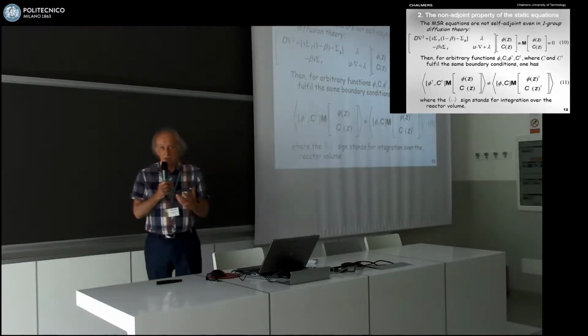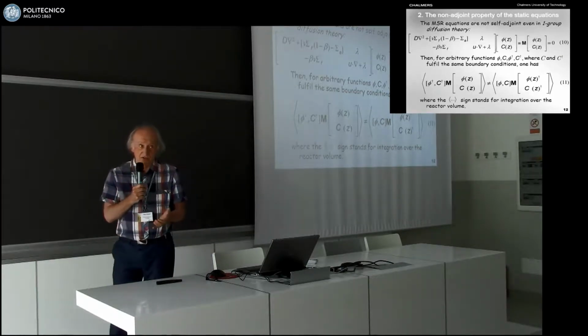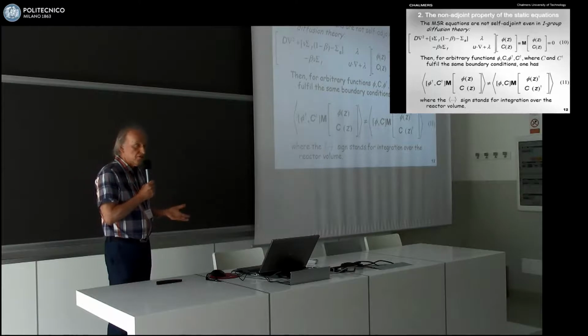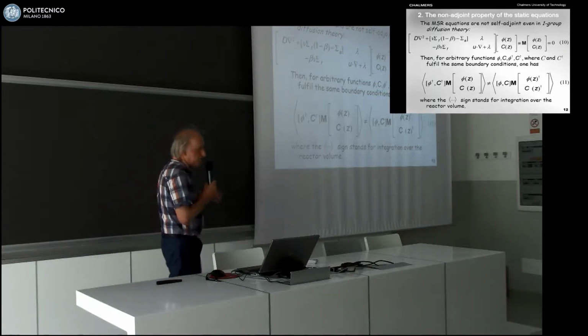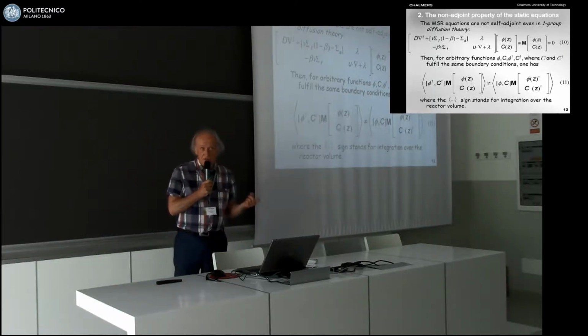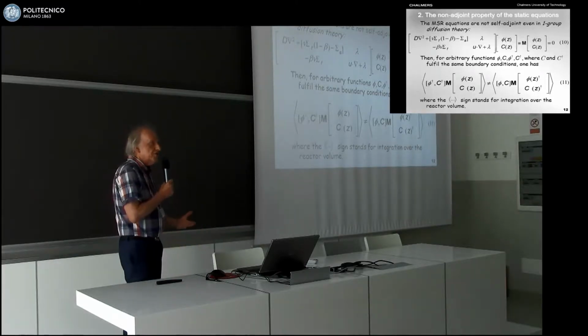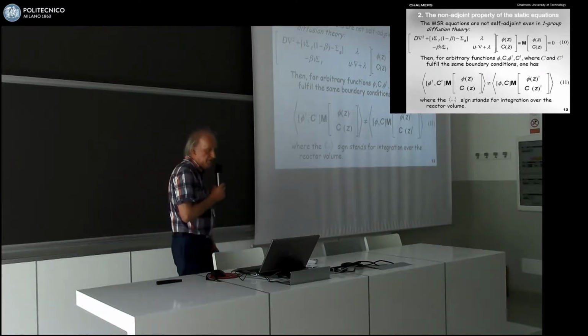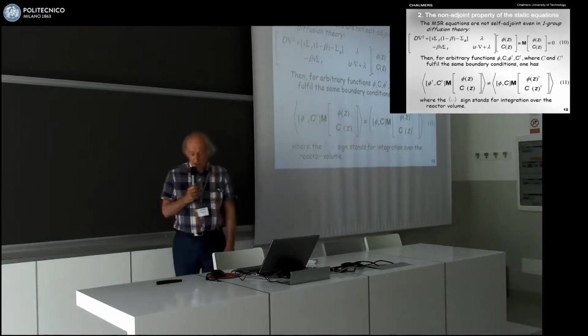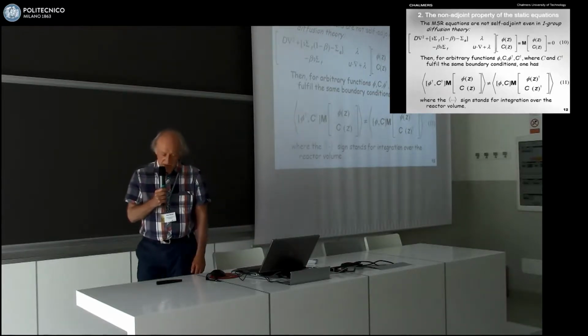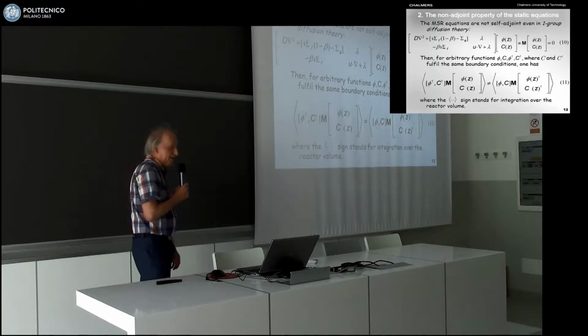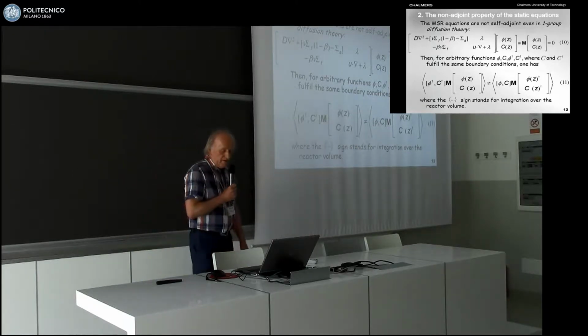Now, if the operator is not self-adjoint, then the eigenfunctions are not orthogonal. They are only orthogonal to the eigenfunctions of the corresponding adjoint problem. So that's why this is interesting. If you want to use the theory, then we need to construct an adjoint operator to the direct operator.